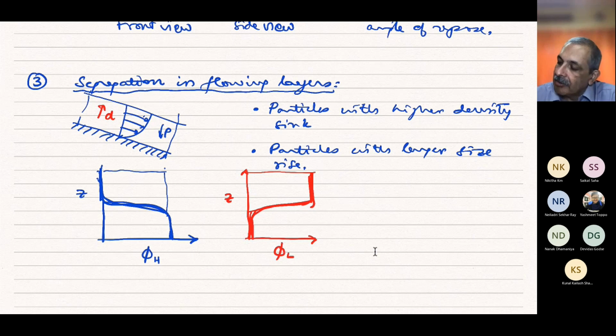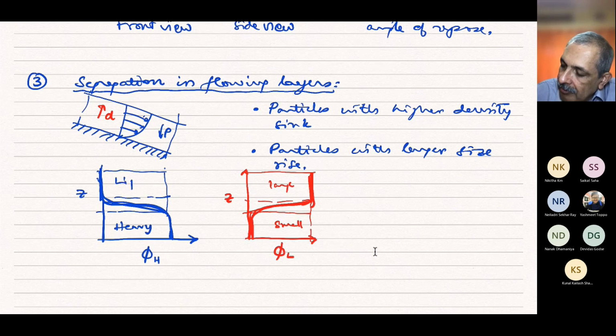So all the large particles will go up, so you will have small particles at the bottom and large particles at the top, and in the middle, of course, this mixed zone, whereas over here you have heavy particles at the bottom and light particles, light in terms of the density, heavy and light separately.